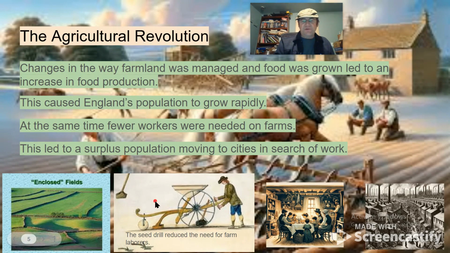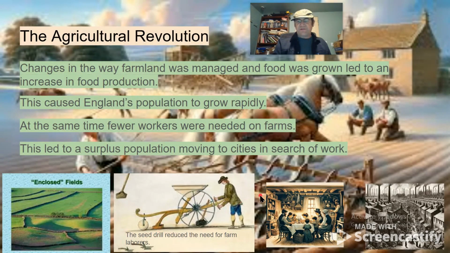This is an example of a pre-industrial or early industrial tool called a seed drill. And what the seed drill does is it tills the soil, plants the seed, and then covers up the soil, which is the work of 3 or 4 people, all done by one person. So one person can do the work of 3 or 4 farm workers.